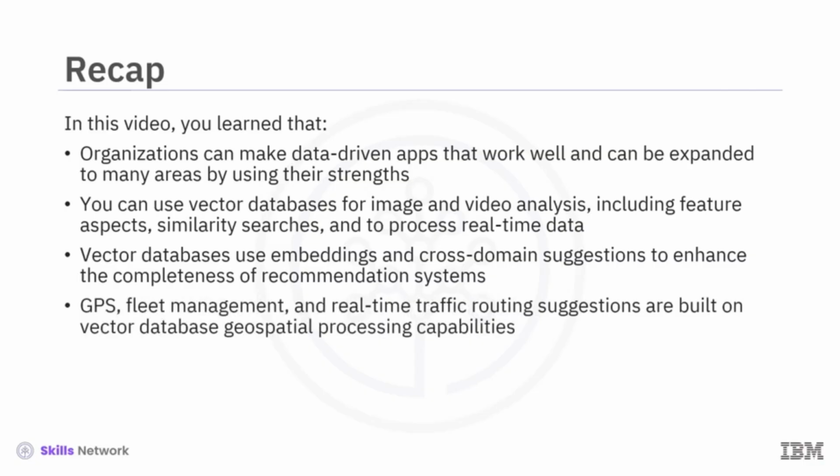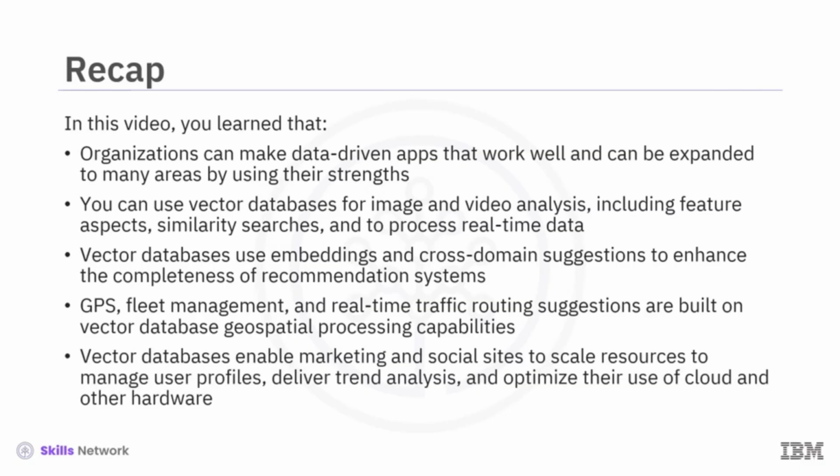GPS, fleet management, and real-time traffic routing suggestions are built on vector database geospatial processing capabilities. And vector databases enable marketing and social sites to scale resources to manage user profiles, deliver trend analysis, and optimize their cloud and other hardware use.